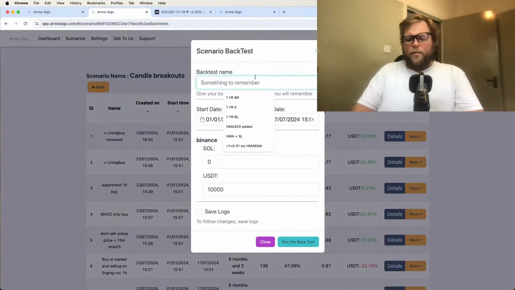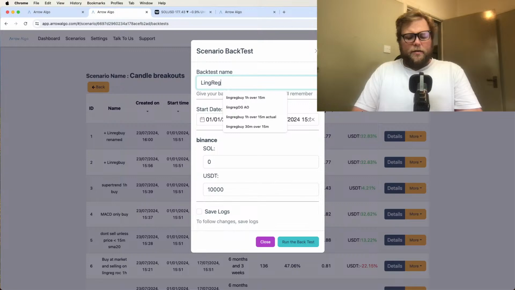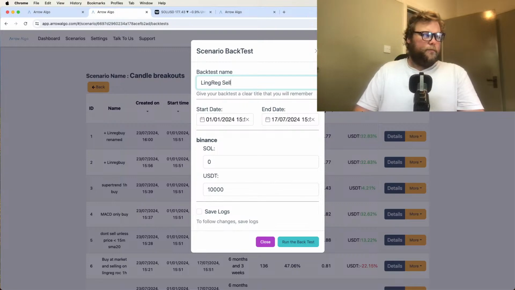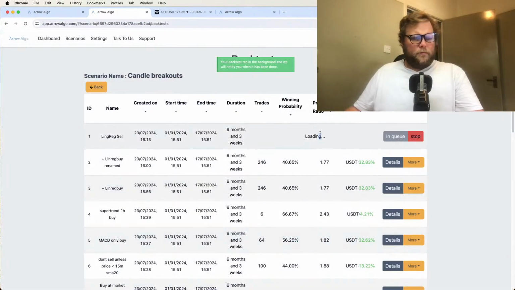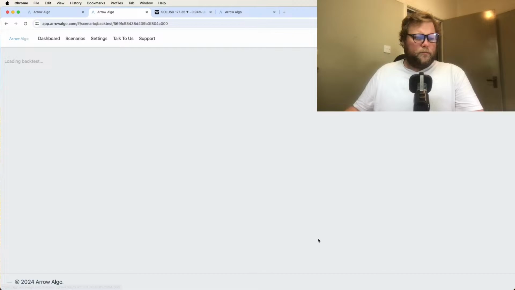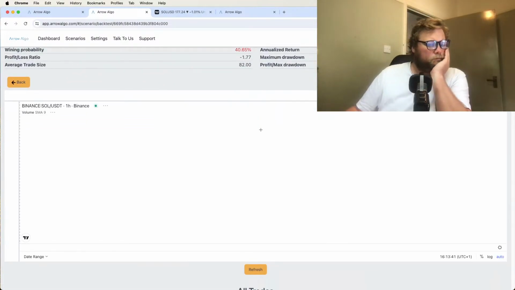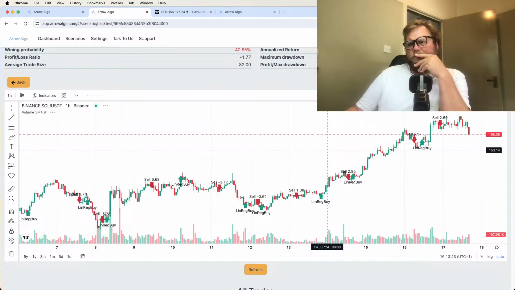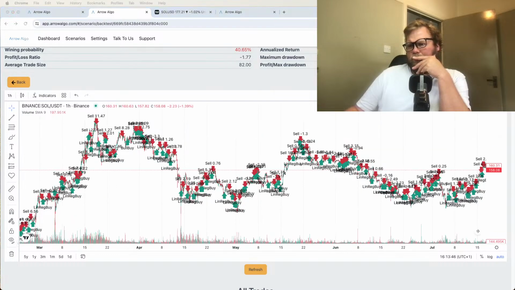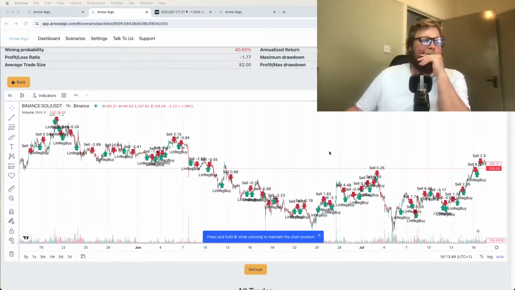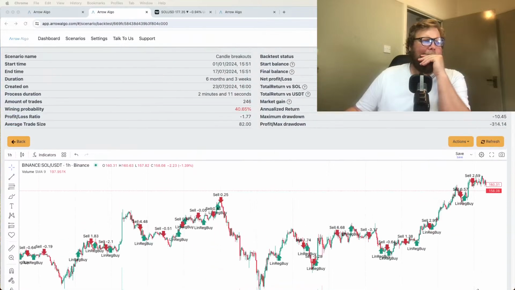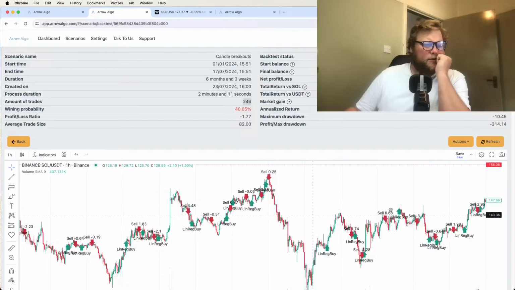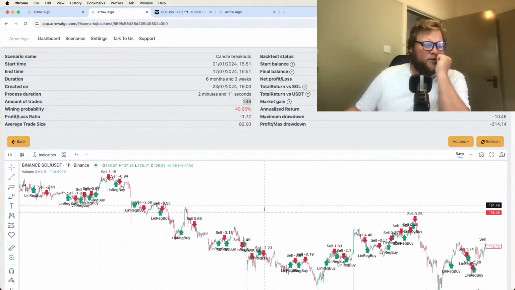So let's take a look at that. Remember, we've added in linreg sell. I mean, 246 trades in 6 months is a lot, so what we will probably do also is try and filter out some of this noise.